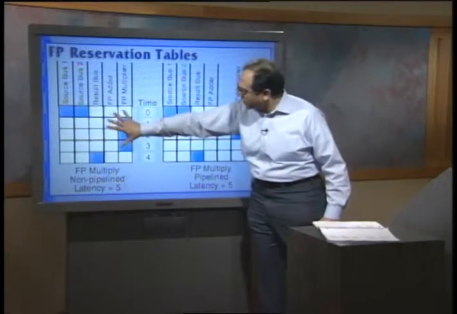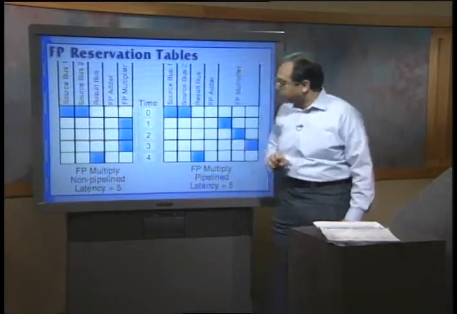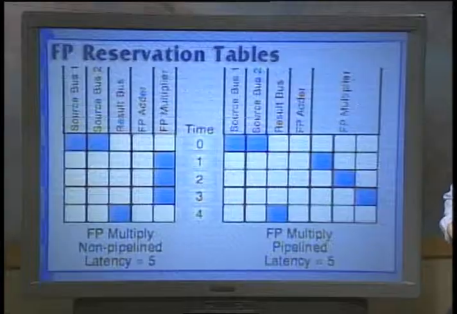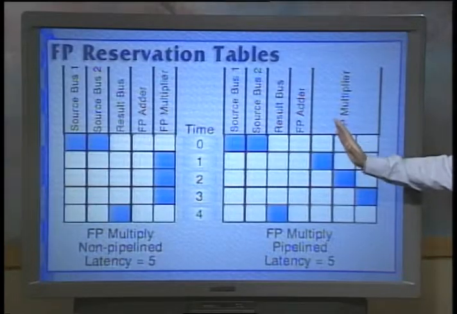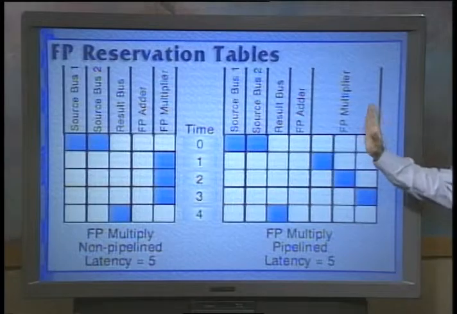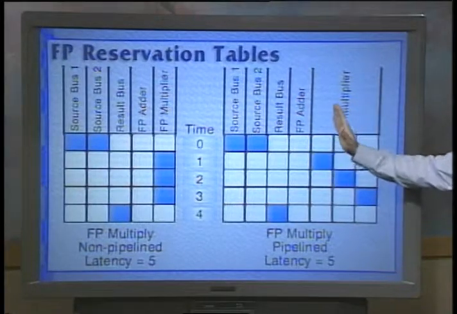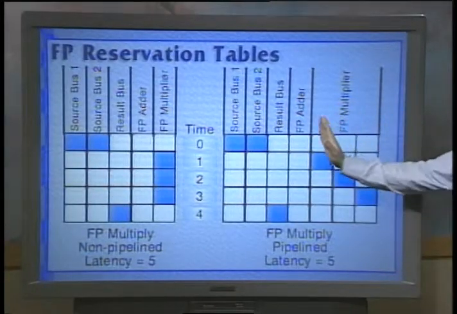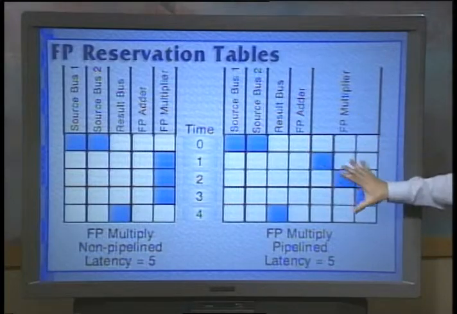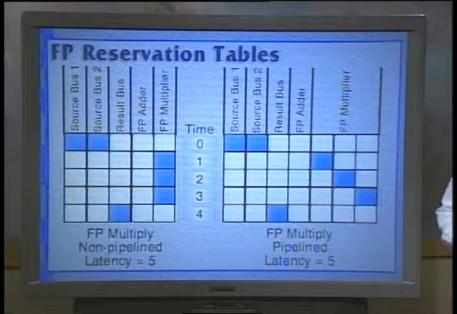So over here is the reservation table that we just saw for the non-pipelined floating point multiplier. If we have a pipelined floating point multiplier, then we have to break the multiplier down into 3 resources, the first stage, the second, and the third stage, and then we get this type of a structure.